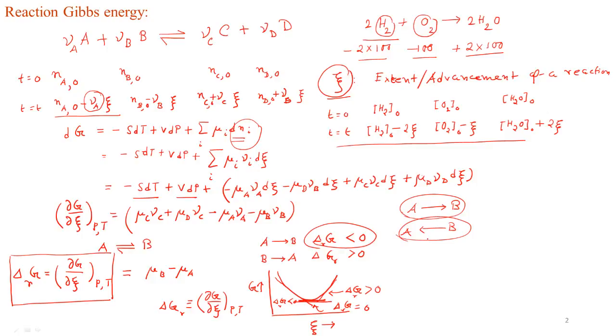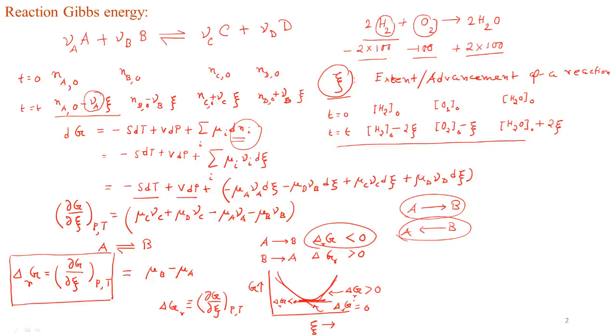And the positive and negative slopes tend to push the reaction towards a region where the delta G of the reaction, which we write as delta RG, will be 0. That's the concept of reaction Gibbs free energy. And when it is zero, equilibrium has been attained.